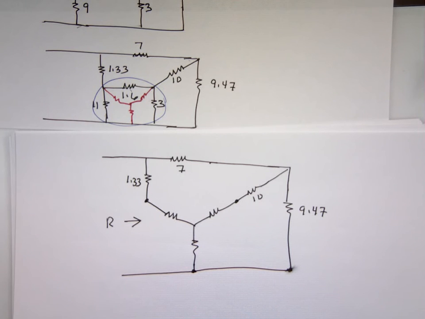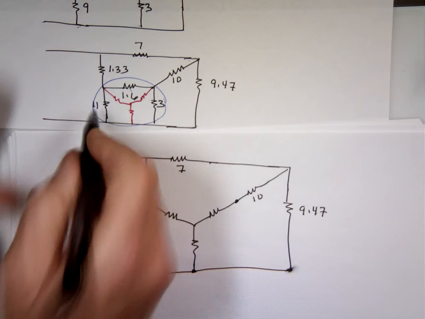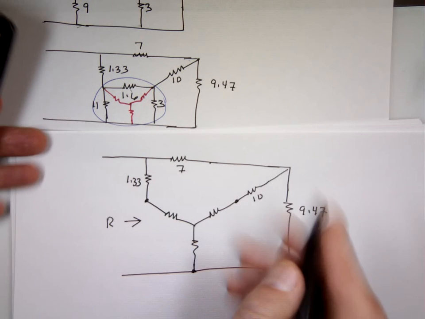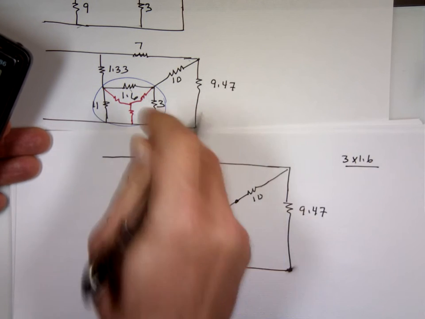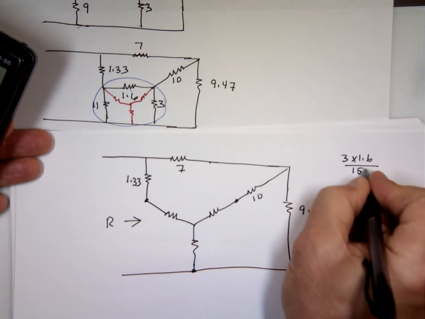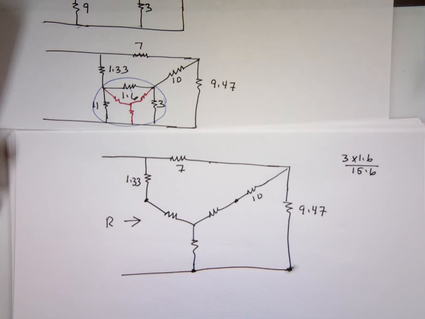So this resistor is going to be, what was the sum? 15.6? It'll be 3 times 1.6 over 15.6. 0.307. How about 0.31?